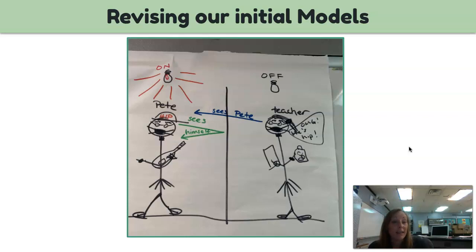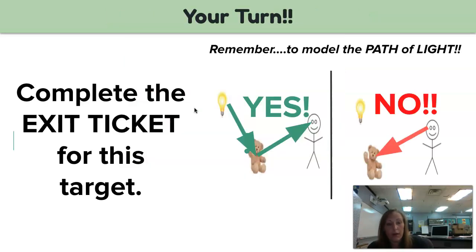And we're going to revise this model. We're going to make it better because look, we just have two lines here. And some of these, like this, is the path of sight, not the path of light. We're going to spend a few minutes revising it. Tomorrow's lesson, I will post a picture of how we revised it and why we did it the way we did.